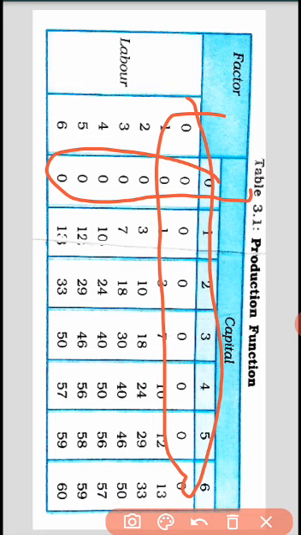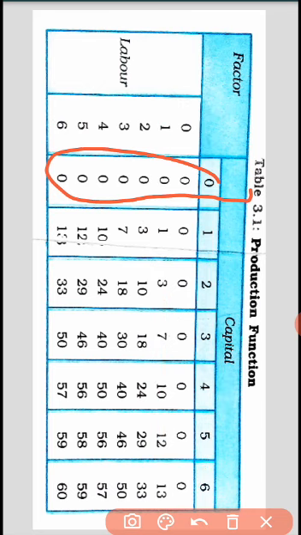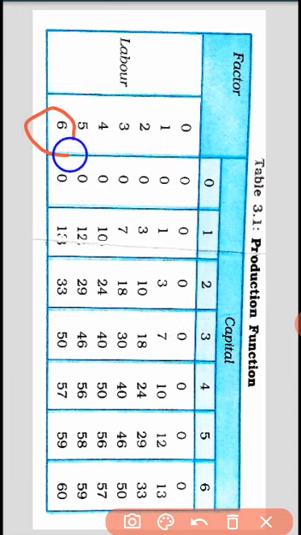With both inputs positive, output will be positive. As we increase the amount of input, the output increases. If we are increasing labor and capital, our output is also going to increase. If we are using 6 units of labor and 6 units of capital, our output will be 60. It will be the maximum.